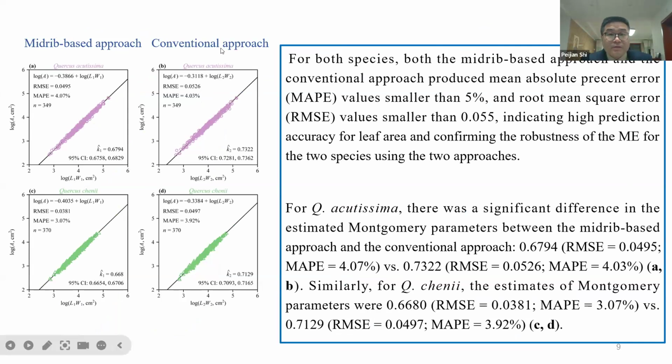On the right column, we show the traditional approach, for just two species. We found that there was a negligible difference in goodness of fit between the two approaches.